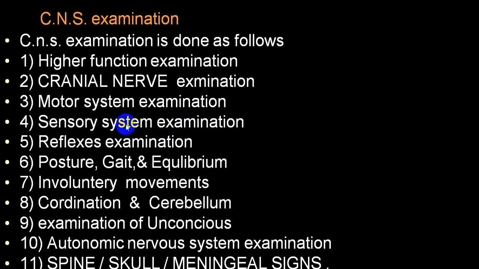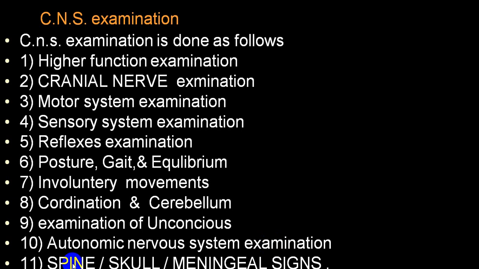All this you can do in case of a fully conscious patient. But examination will change if the person is unconscious. By and large, autonomic nervous system examination is very rarely done, but in some conditions, particularly say a diabetic person, it will be helpful and it requires a specific setup.